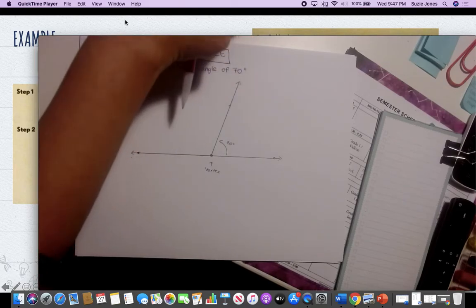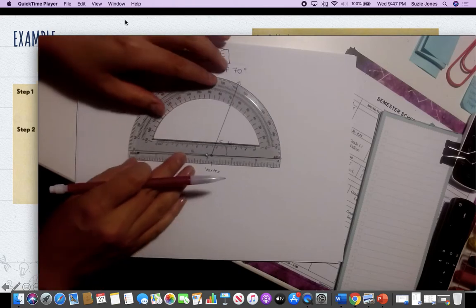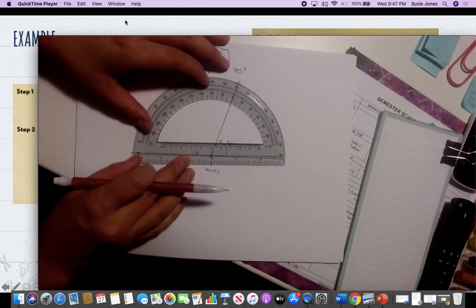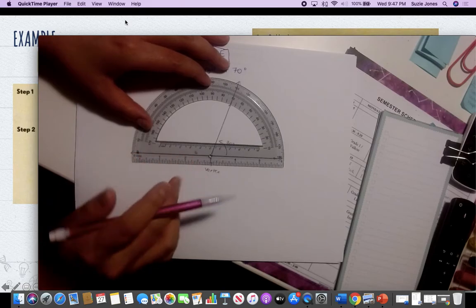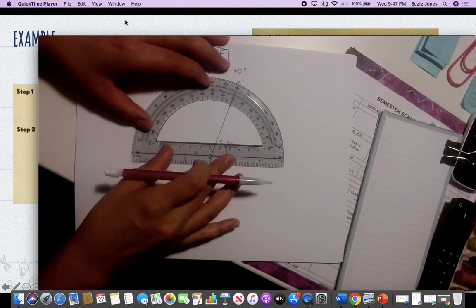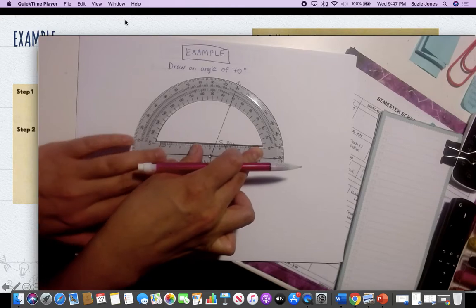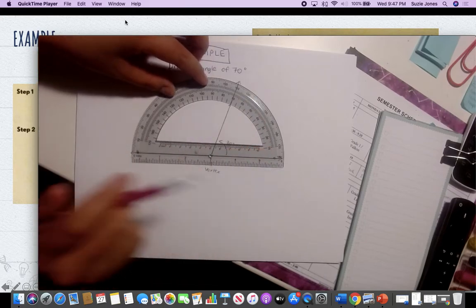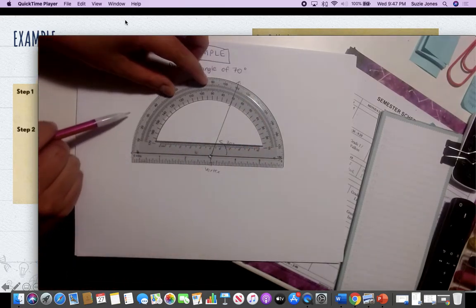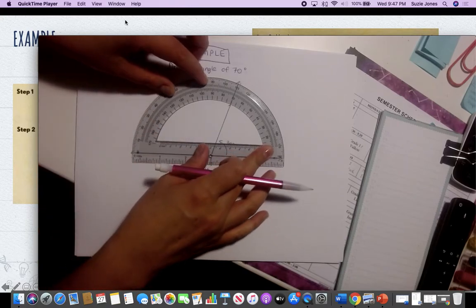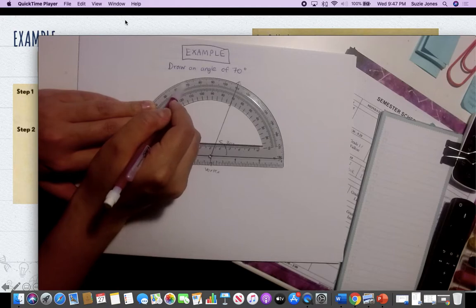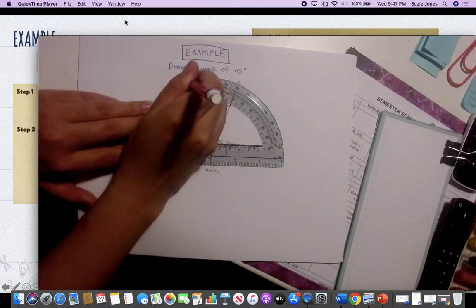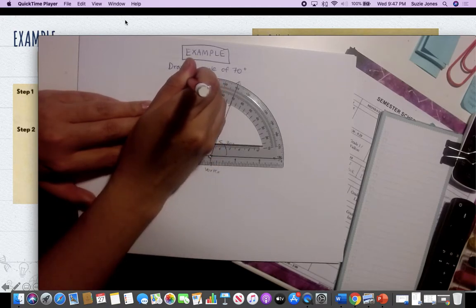Now, let's use the outer scale, okay? I'm going to again place my vertex in the center of my protractor, and line up the baseline of my protractor with the horizontal line I drew. Now remember, the outer scale goes from 0 here all the way to 70, which is behind my fingers, I believe. So here's 70. I'm going to draw a point.